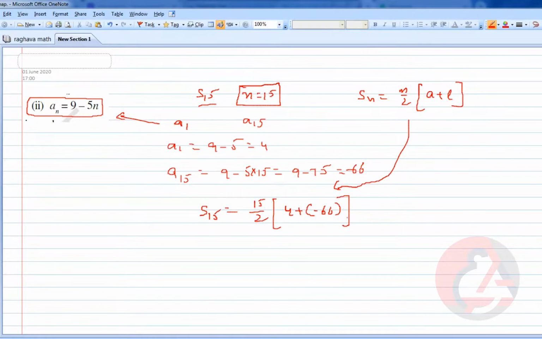So 4 minus 66 is minus 62. 15 by 2 into minus 62 is 31 times. So 15 into 31 is minus 465. So the sum of the 15 terms will be equal to minus 465.